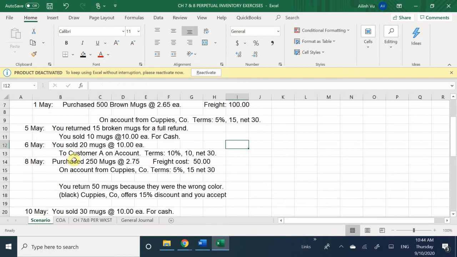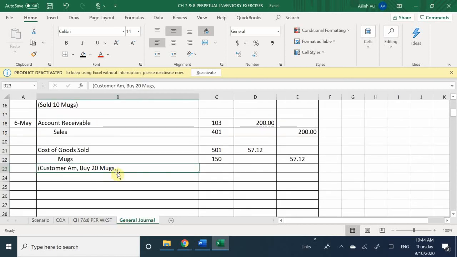Because they put it on an account, we gave them a 10% discount if they pay us within 10 days. If not, they need to pay us in full in 30. So I'm going to go back to my journal and indicate that piece of information: 10%, 10, net 30. Good. Now I'm completely done with this piece of information.